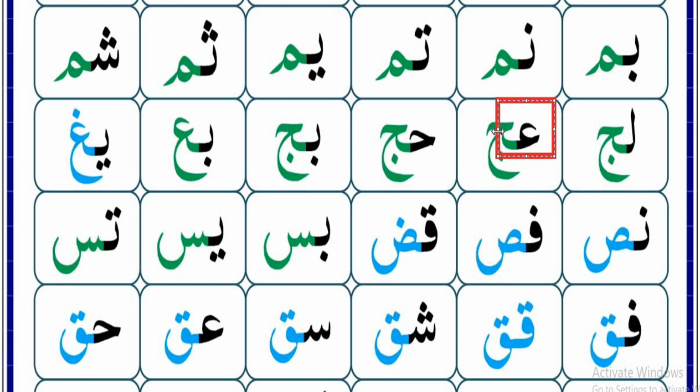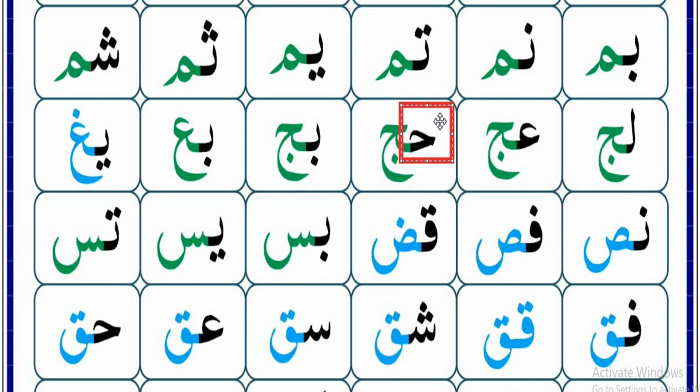You'll never see Hamza connected to the next letter. So since this one is connected, it can only be Ain. So the two letters are Ain, Jim.